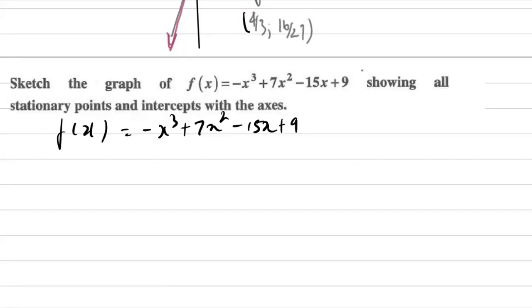Negative 3, 2, 2, 7. 3, 0. Right. I found the stationary points.